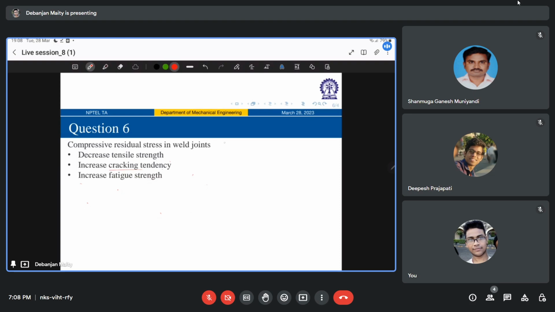Point number one: the effect will be significant only for phenomena that occur at low applied stress.